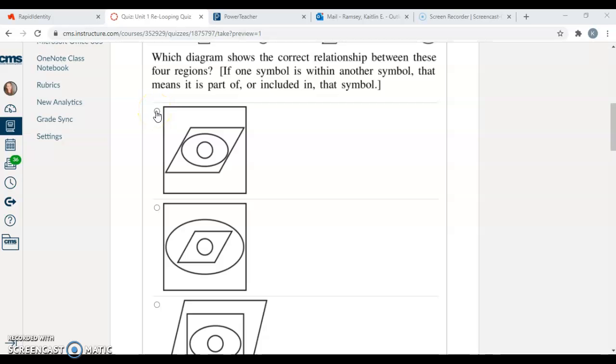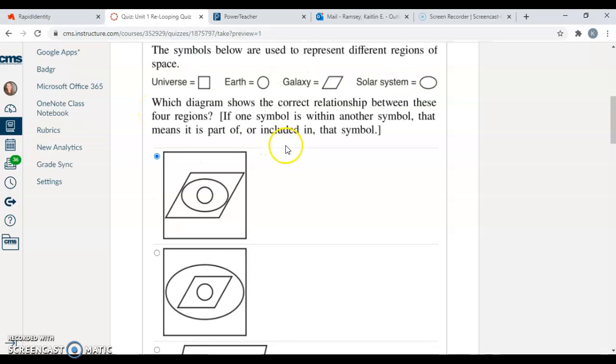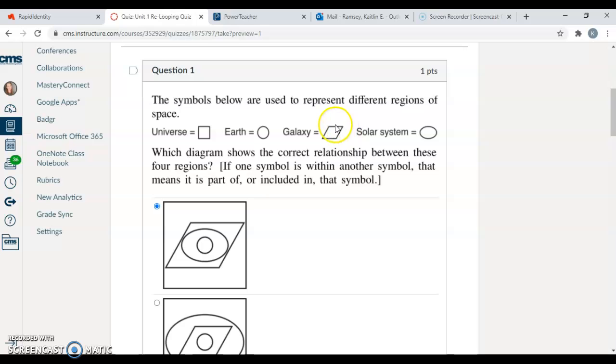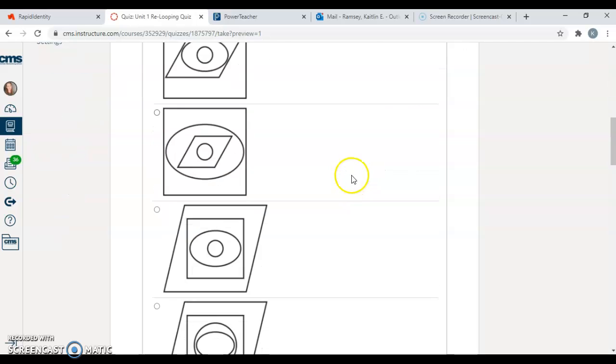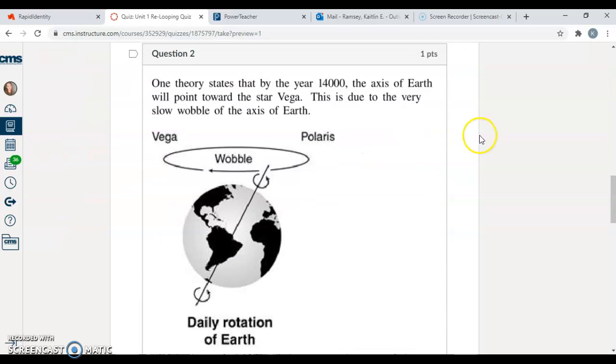So we're going to choose A because the rhombus goes with the galaxy, which is the next largest, then the solar system, which is this oval shape, and then the Earth is within that. Okay? Perfect.